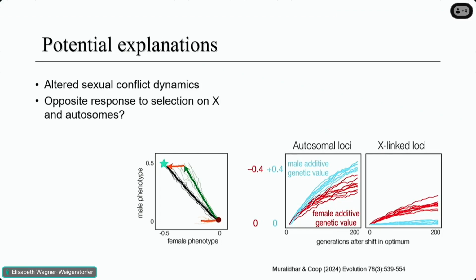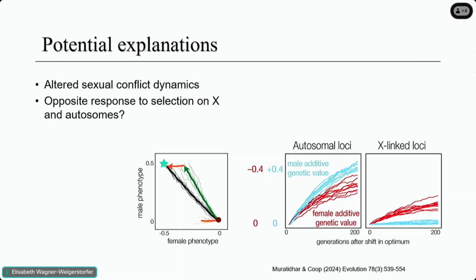But when you disentangle the response into the X component, which is the orange thing here, and the autosomal component, which is the green, then it becomes clear that the X, because it's spending more time in female bodies basically, and it's being exposed to more female selection, is sort of dragging the phenotype closer to the female optimum. And then the autosomes are pulling back a little bit.